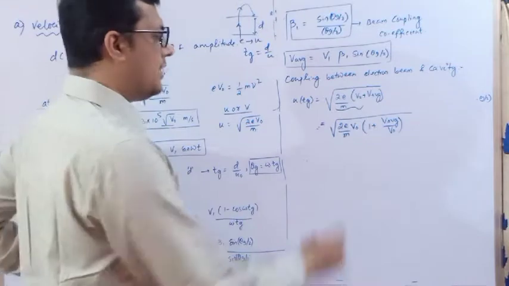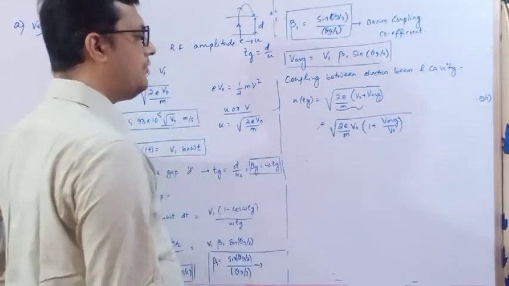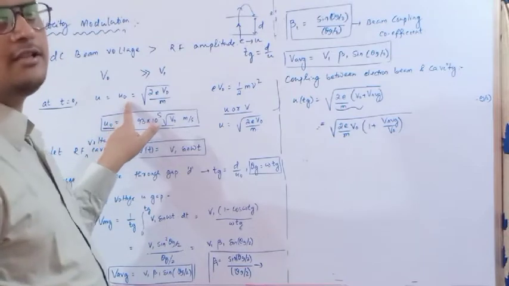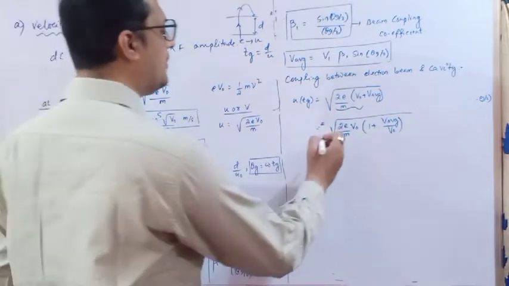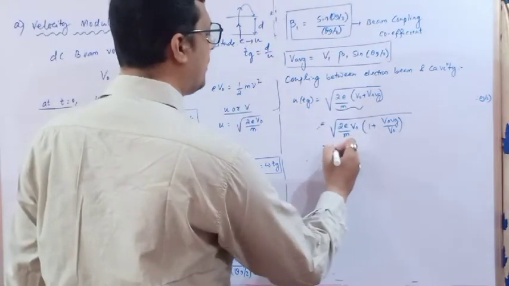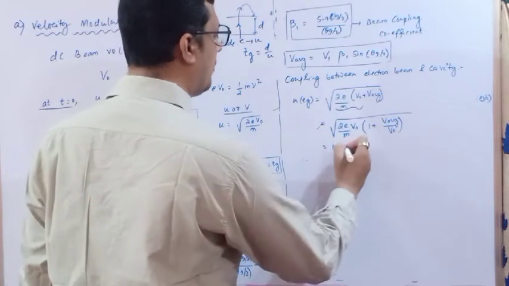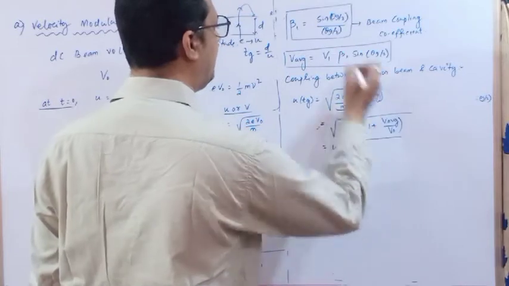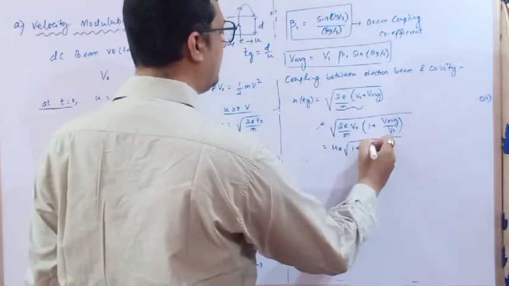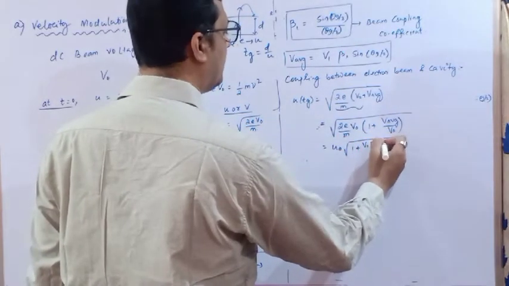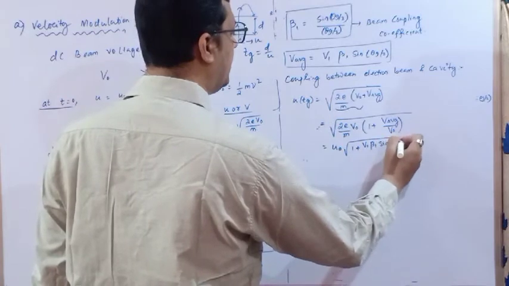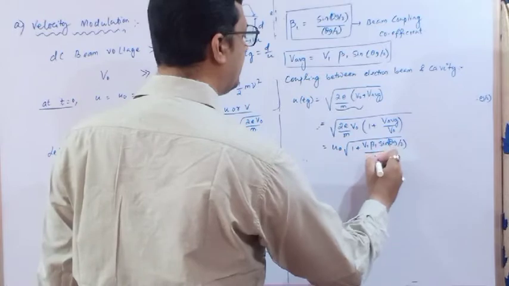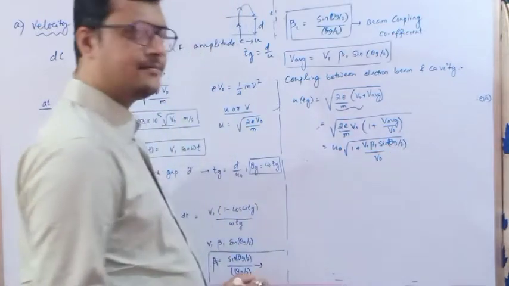Now what is this, root of 2e V naught by m? It is nothing but the initial velocity. So I will write u naught root of 1 plus, in place of V average, V1 beta 1 sine theta g by 2, whole divided by V naught. Done.